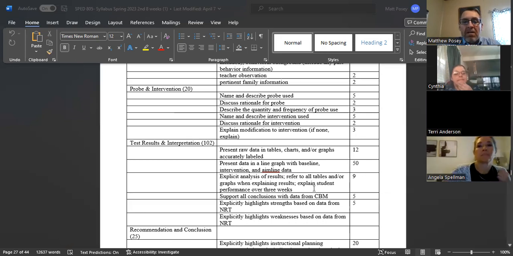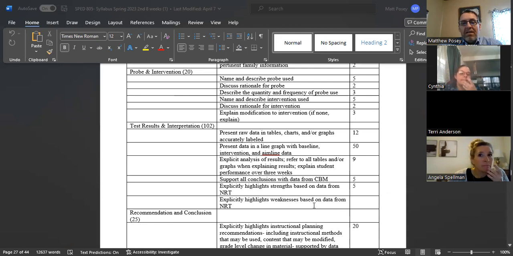Support all the conclusions with data from the CBM. Make sure you highlight the strengths and weaknesses that you identified when you administered the probe.